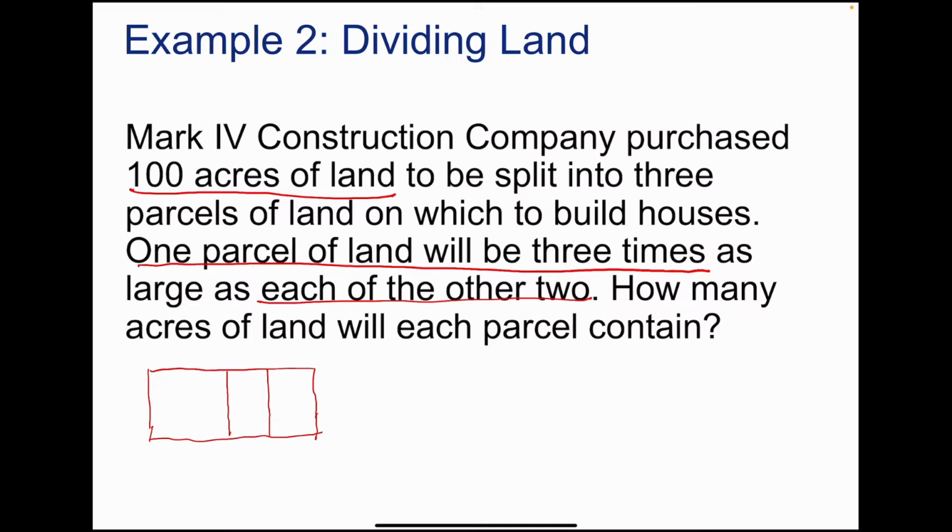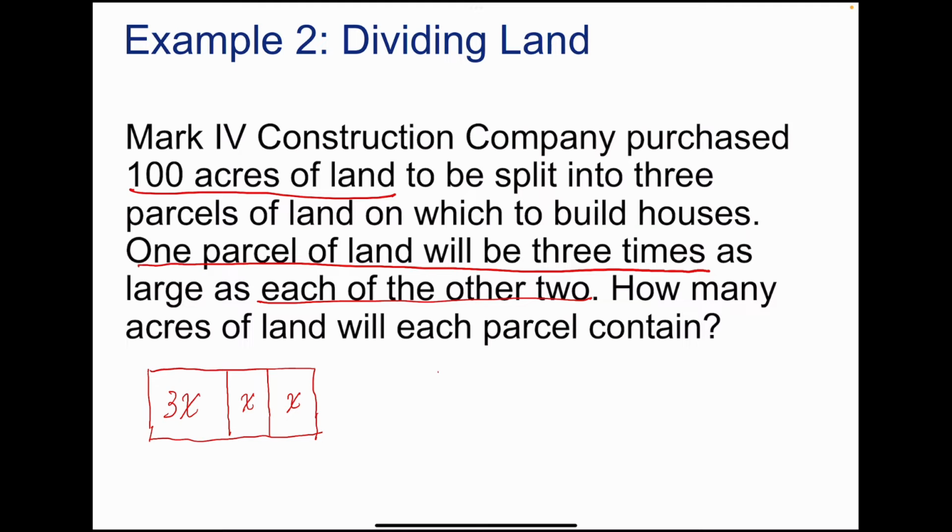And we know the total area is 100 acres. So what we can assume is that for the other two, each is X acres. And then the largest one would be 3 times X, 3X acres, right?